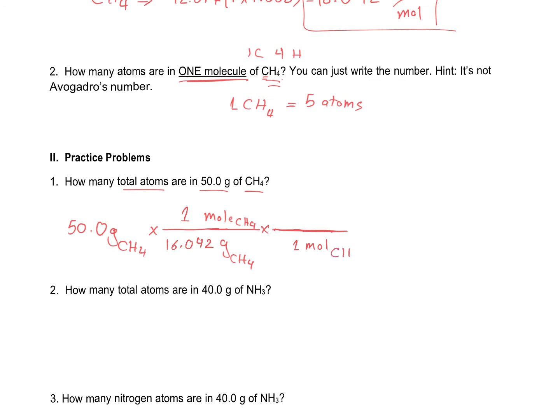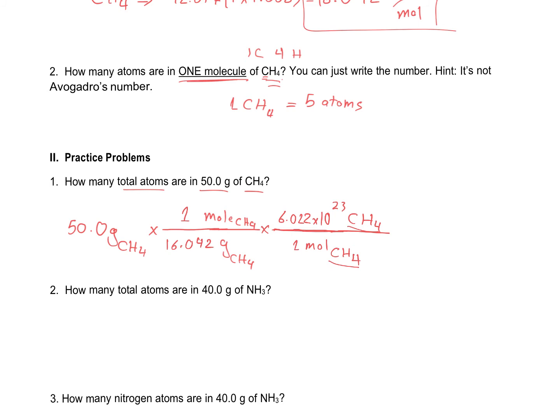So 1 mole of CH4 is Avogadro's number of CH4. And remember, we are talking about mole of CH4, so it is Avogadro's number of CH4. You cannot do anything else. These two should be the same in your conversion factor.